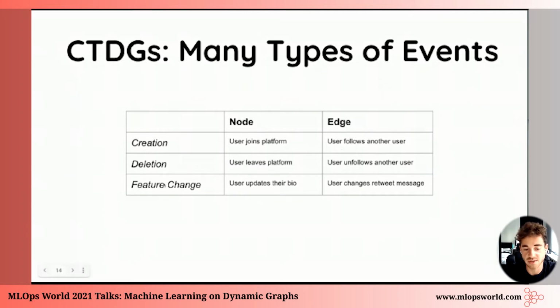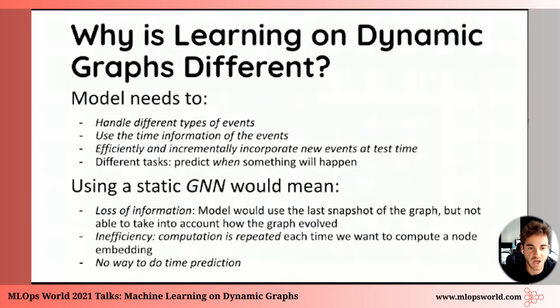And feature changes, for a user, would be, for instance, when a user updates their bio. And for an edge, it would be, for instance, when a user changes their retweet message. Even though we know right now it's not possible, if one day it becomes possible, this could be the example of a feature change for an edge.